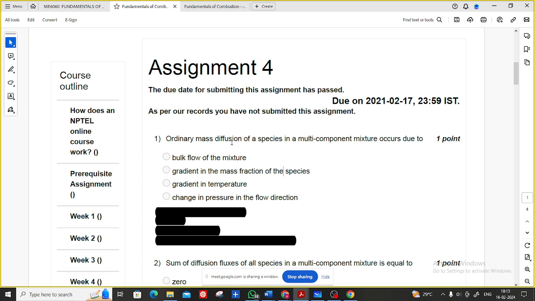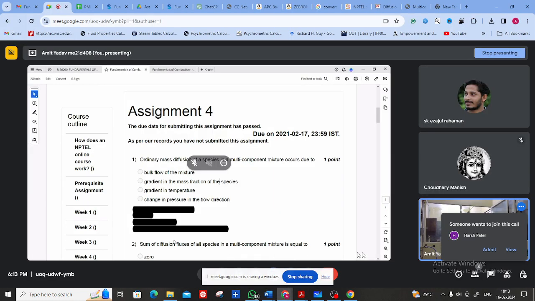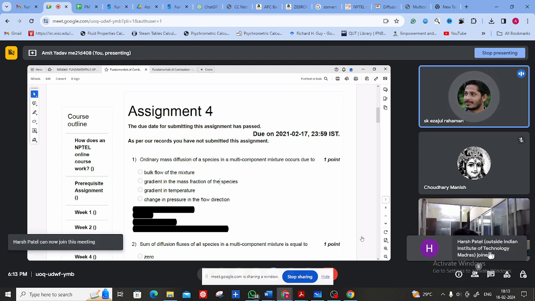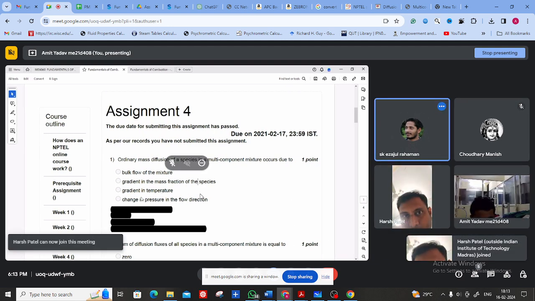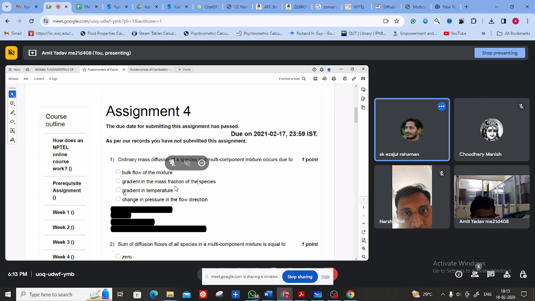In ordinary mass diffusion, according to Fick's law, concentration gradient, so here the gradient of the mass fraction of the species, I think. Sorry, can you repeat?